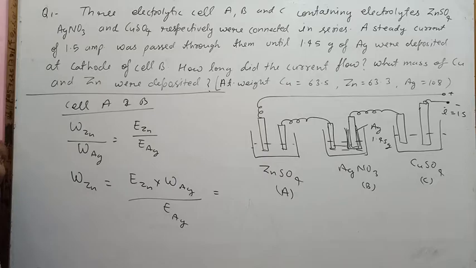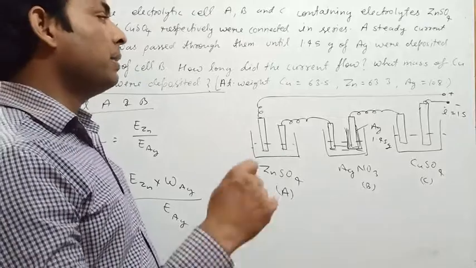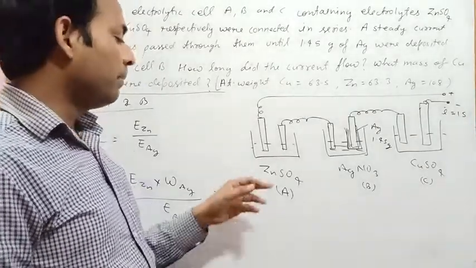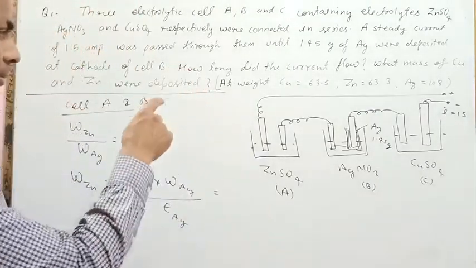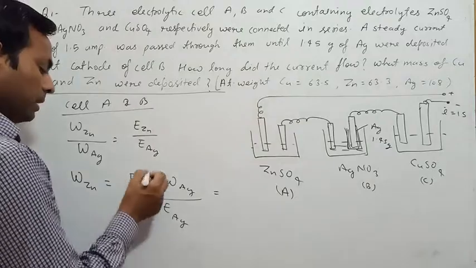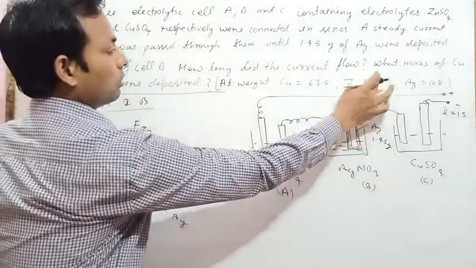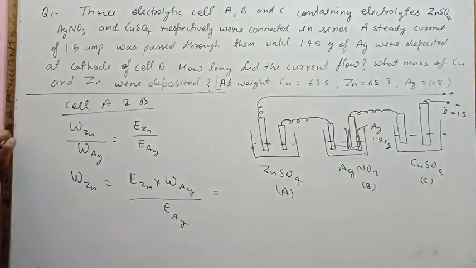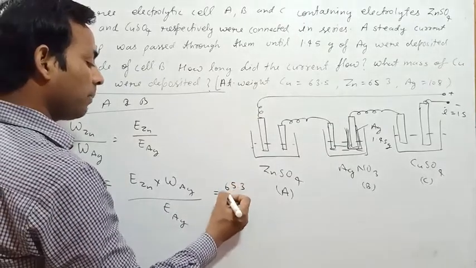Equivalent weight of zinc equals atomic mass upon valency. Zinc has a 2 plus charge, so its equivalent weight is atomic mass upon 2. Zn is 65.3, so 65.3 upon 2.